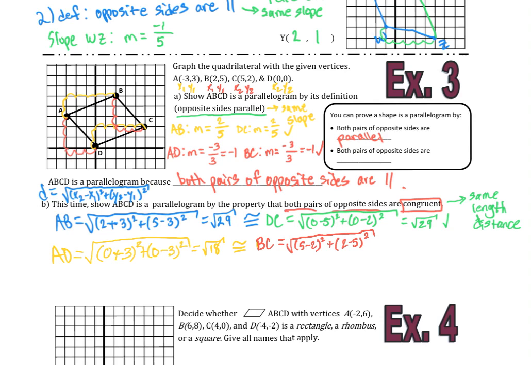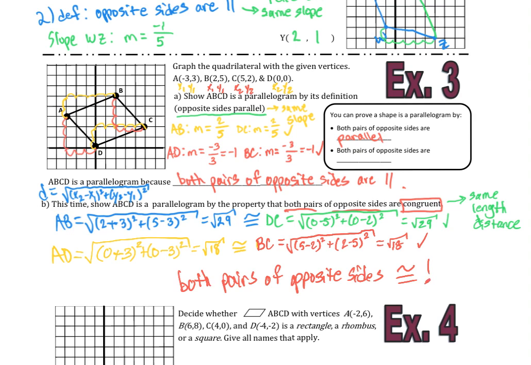And when you plug that into the calculator, you also get the square root of 18. So you say, hey, look at that. 2 checks. Both pairs of opposite sides are congruent.